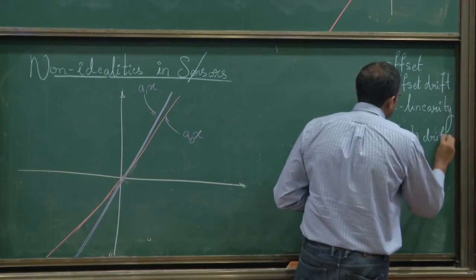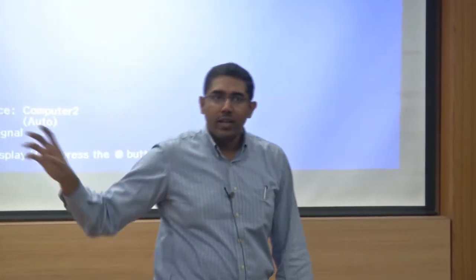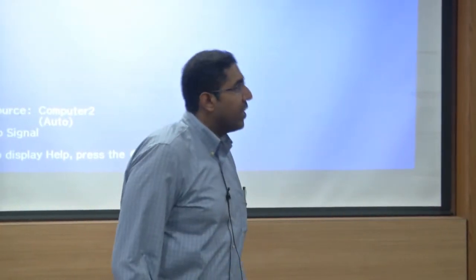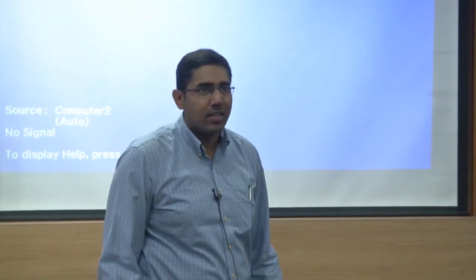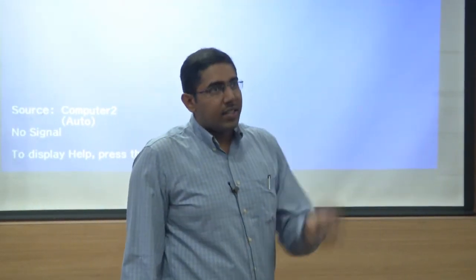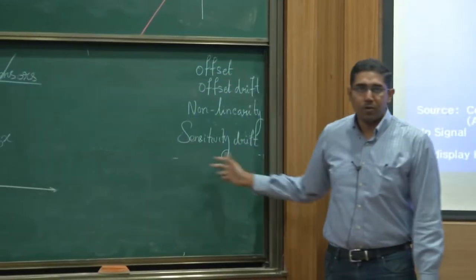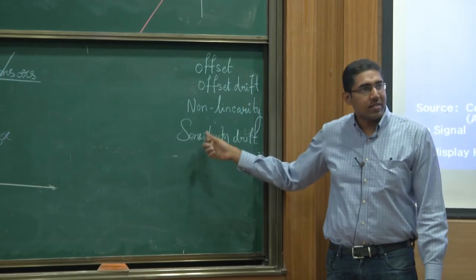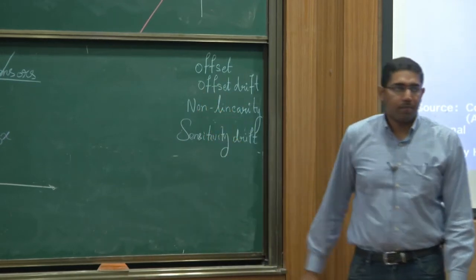See, if you open the data sheet of any sensor, you will see these words. Take this as an evening assignment: open up any sensor like a temperature sensor, gas sensor or something, and see the data sheet. You will notice these words being used. What is the offset, what is its offset drift, what is its sensitivity drift, and so on.